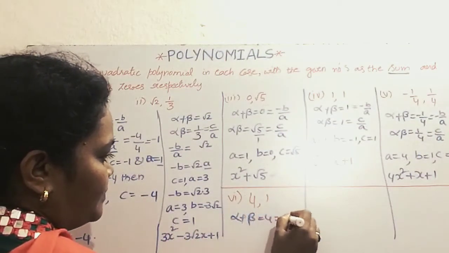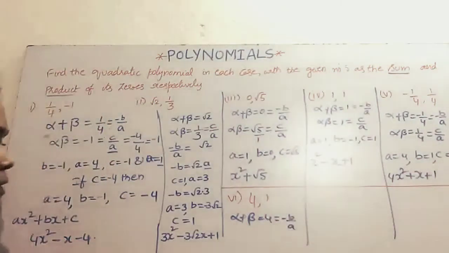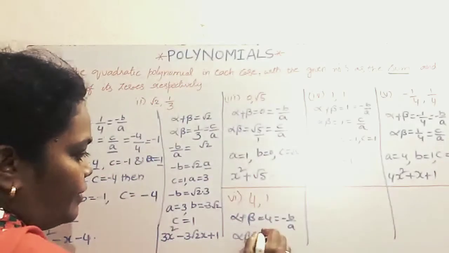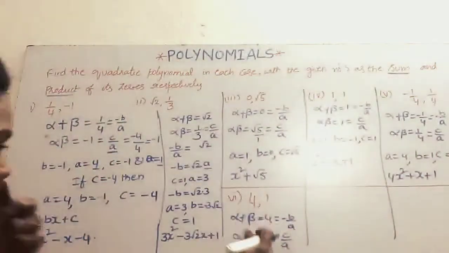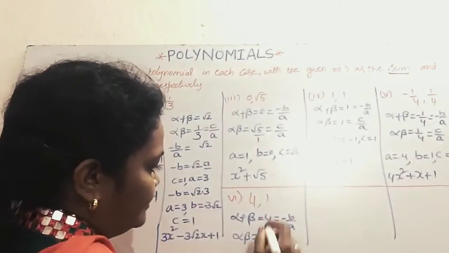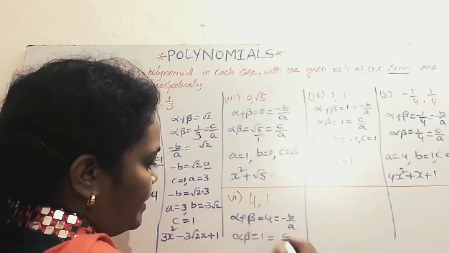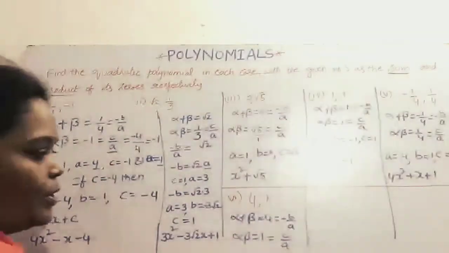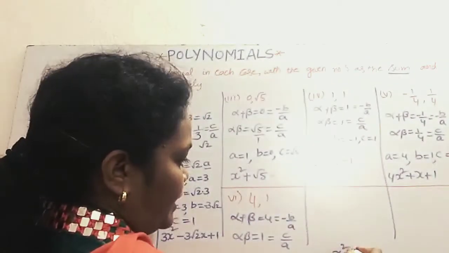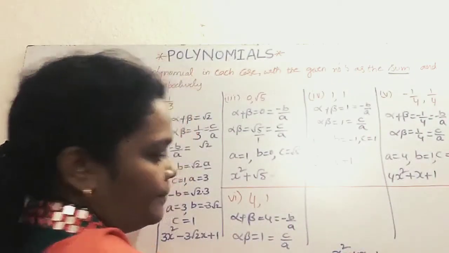That means minus b by a. So alpha beta is equal to 1. That equal to c by a. So here a equal to 1, b equal to minus 4 and c equal to 1. Then what is the equation? X square minus 4x plus 1.